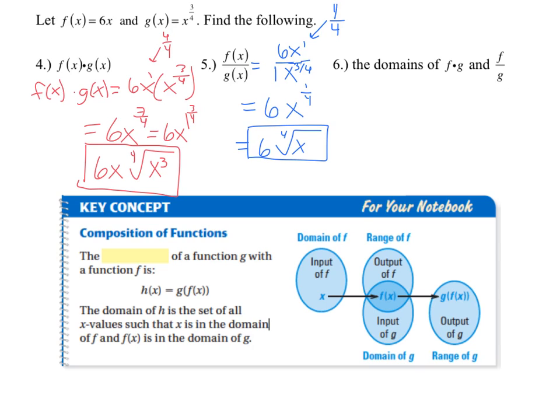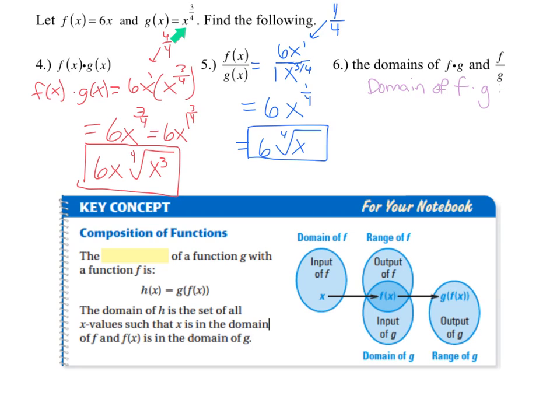So then for the domains, both of these functions have a 4th root. But let's start with the product. So the domain of f times g, well, the domain of this function would be everything because it's linear.